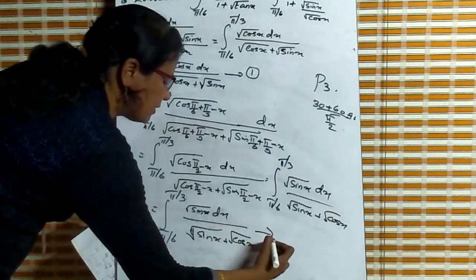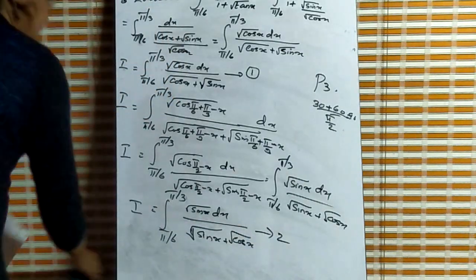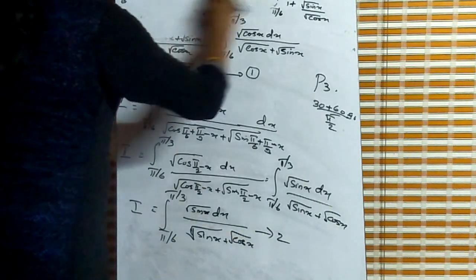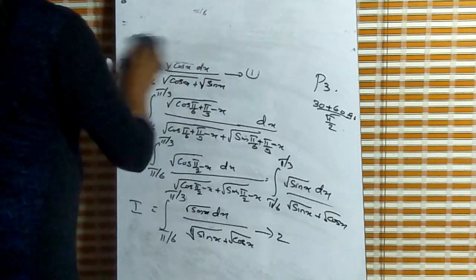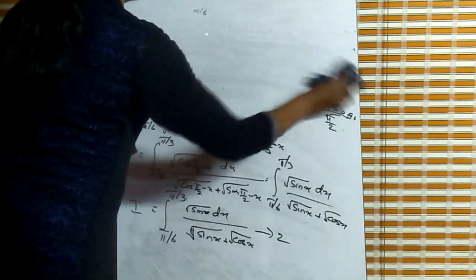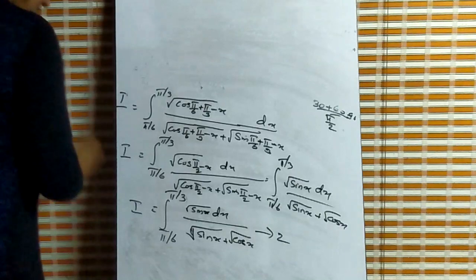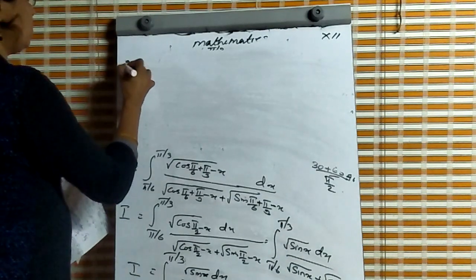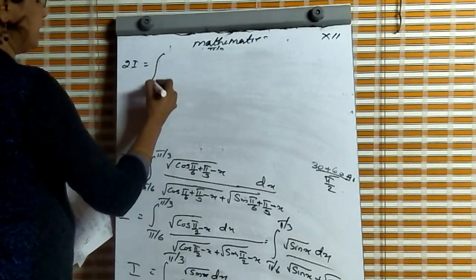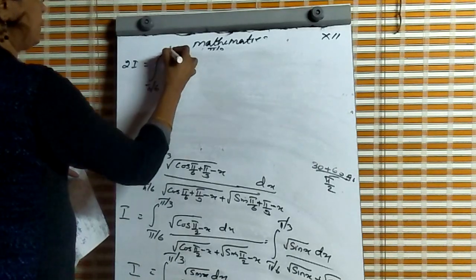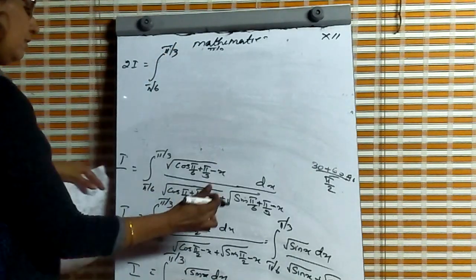This is equation 2. Now we add 1 and 2. Left side, I plus I, is 2I, equal to the integral from pi by 6 to pi by 3. What is the first one?